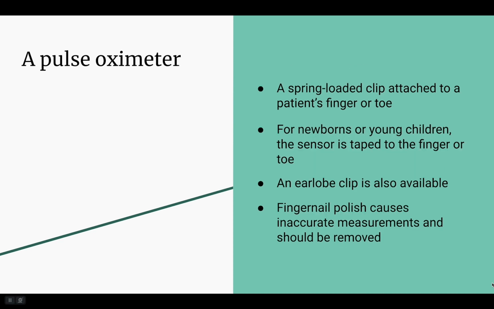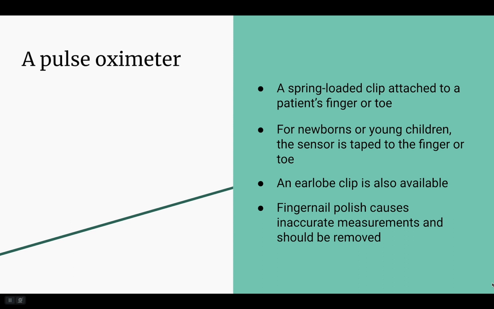The sensor can be attached to the patient using a variety of devices. For intermittent measurement of oxygen saturation, a spring-loaded clip is attached to a patient's finger or toe. However, this clip is too large for use on newborns and young children, so the sensor is typically taped to a finger or toe.